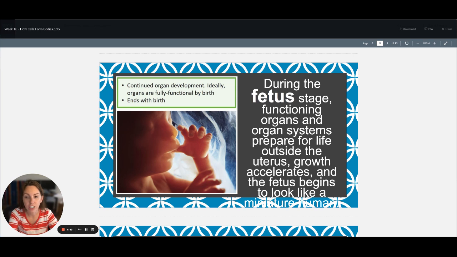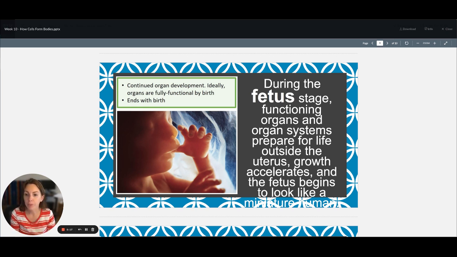The fetus stage is going to go all the way from the end of the embryonic stage up until birth. So there's a lot that's happening in the fetus stage. Since we've pretty much formed all our organs in the embryonic stage, we're just getting ready to be born during the fetus stage. So that involves linking everything up together and then developing things so that they're ready for the outside world.